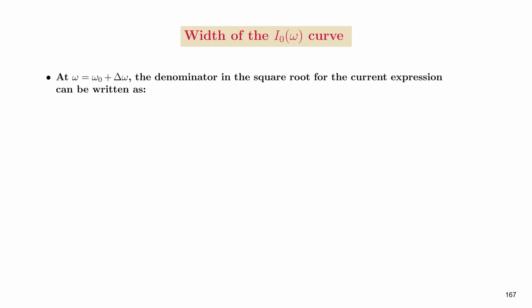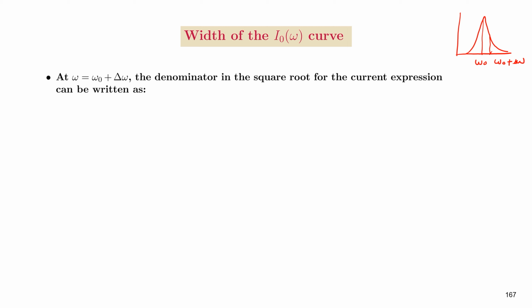At omega equal to omega 0 plus delta omega, that is, if this is the resonance curve, this is omega 0, and this point is omega 0 plus delta omega.